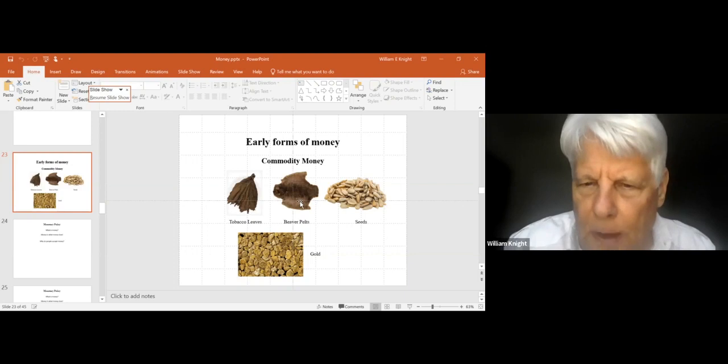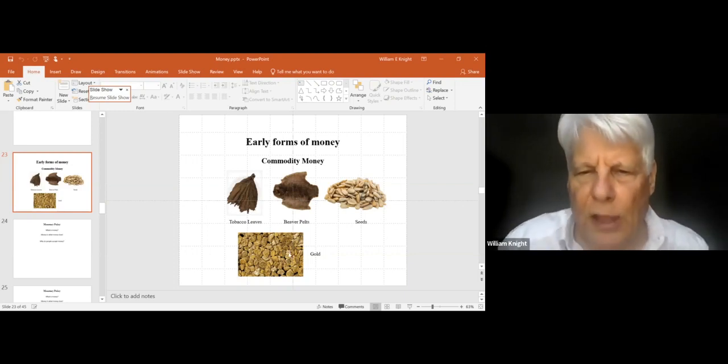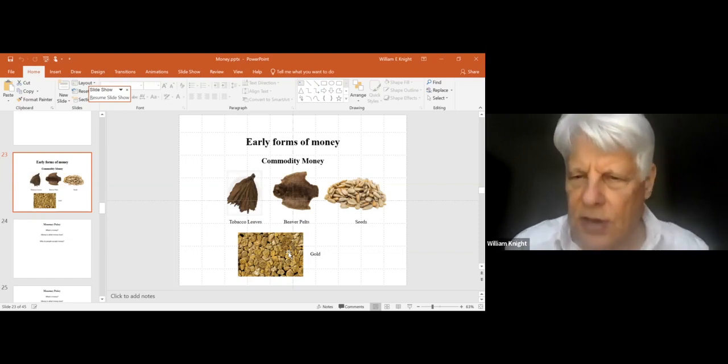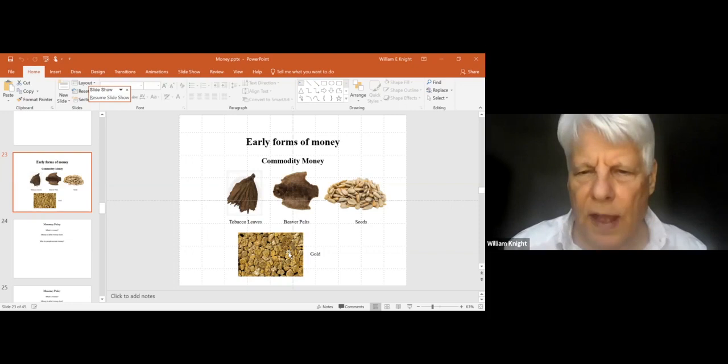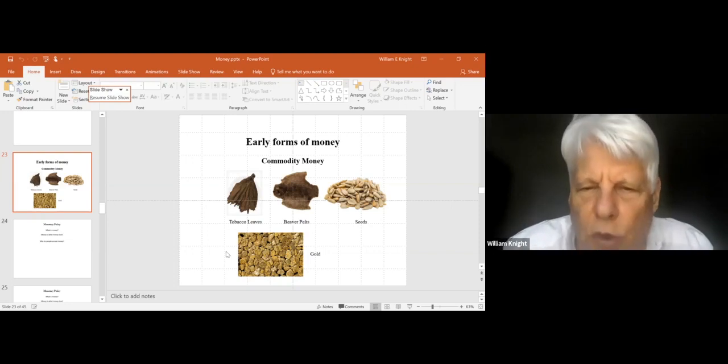So tobacco leaves, beaver pelts, seeds, gold, they all had intrinsic value. They had value in and of themselves. Besides having an exchange value, they had a use value. And it was their use value that gave them their exchange value.